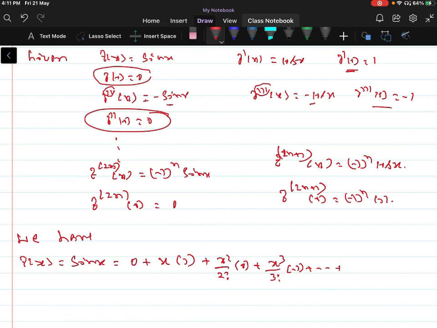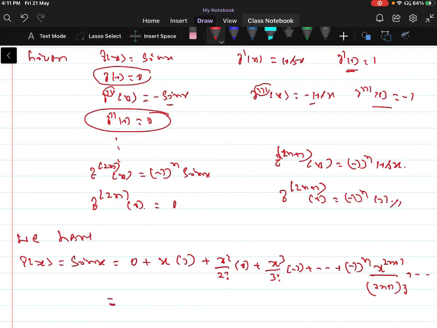So we can write the 2nth derivative of f at x equal to 0 as 0, and the 2n plus 1th derivative of f at x equal to 0 is minus 1 to the power of n. So that is minus 1 to the power of n into x to the power of 2n plus 1 by 2n plus 1 factorial and so on.